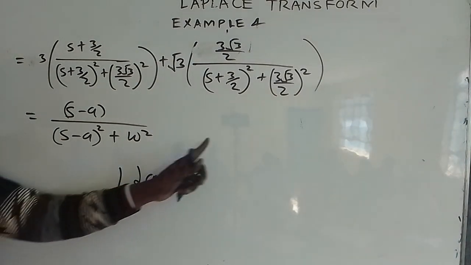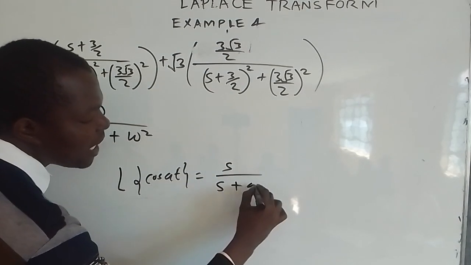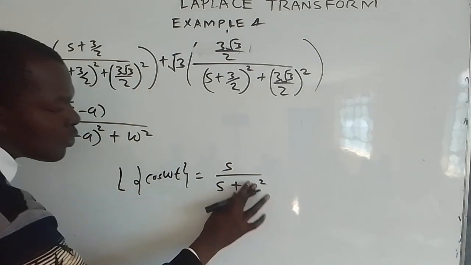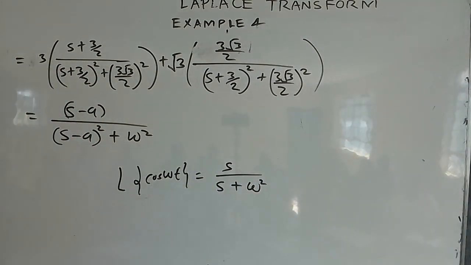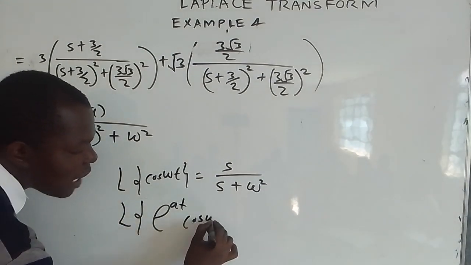Of cos at, cos was the quotient rule, meaning it was s over s squared plus a squared, isn't it? But now when we make a to be w, it was going to be s over s squared plus w squared.